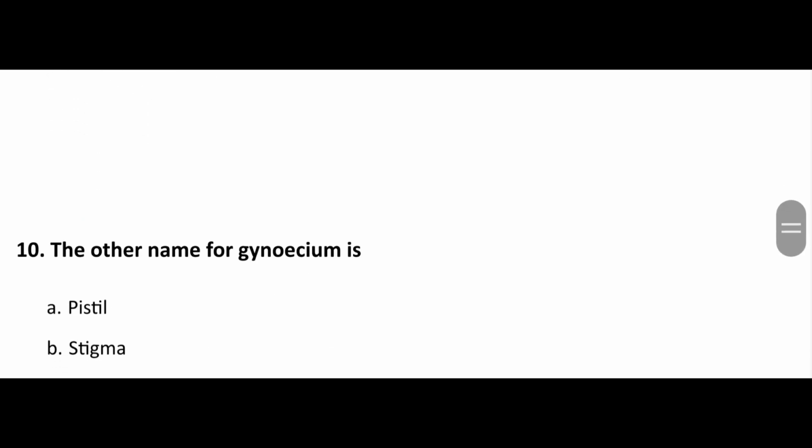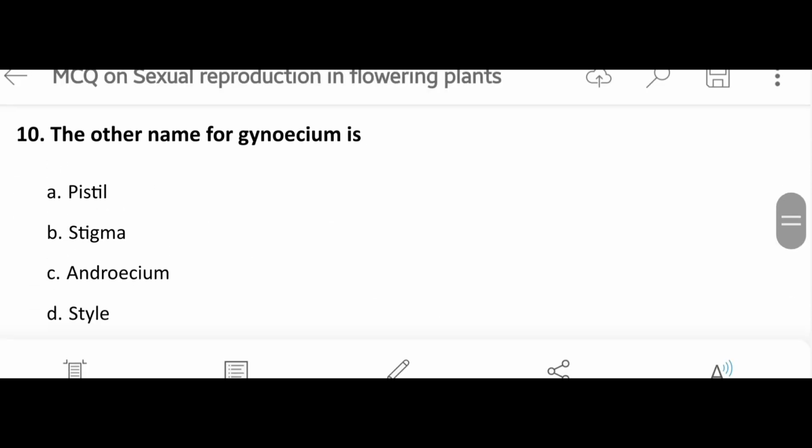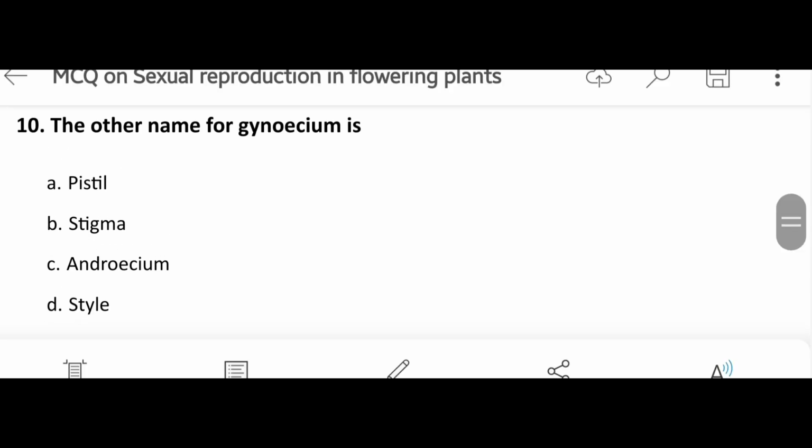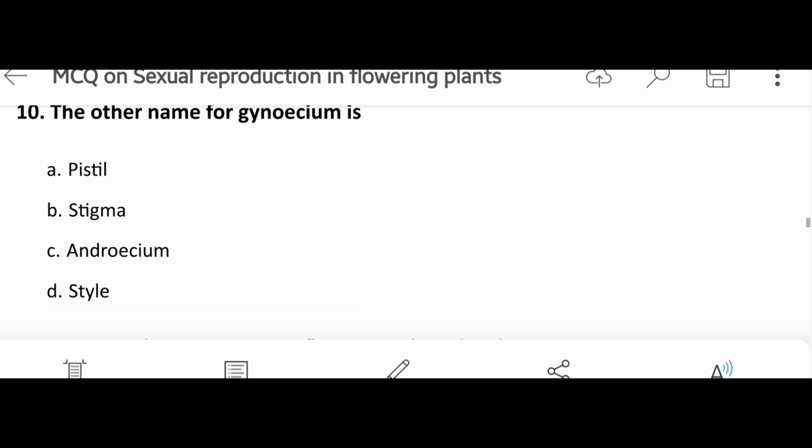Then question number 10, the other name of gynoecium. The other name of gynoecium is called the pistil. Pistil is the other name of gynoecium or female reproductive part of a flower.